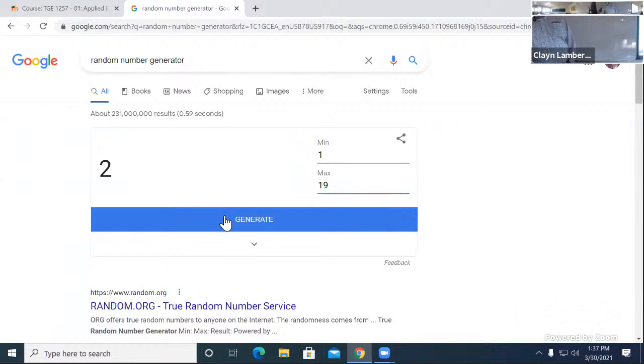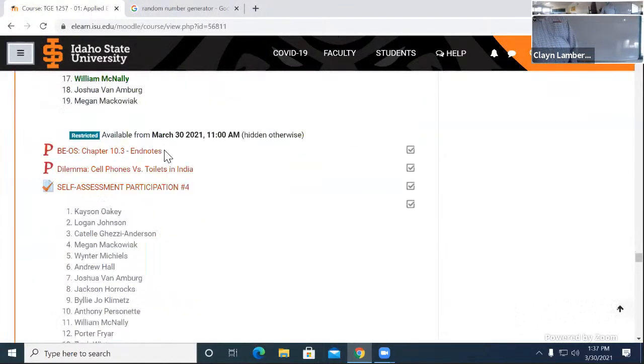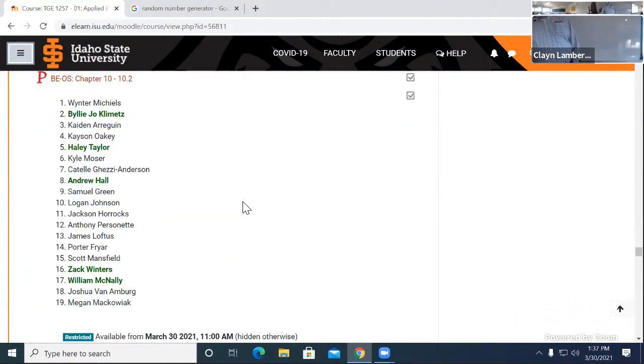All right, so last thing. Random numbers. We've got 18, 4, and 10. That was probably the biggest spread that we've had in a while. I was actually kind of happy with that one. So number 4 is, nope, wrong list. Okay, so number 4 is Kaysen, who wasn't here.